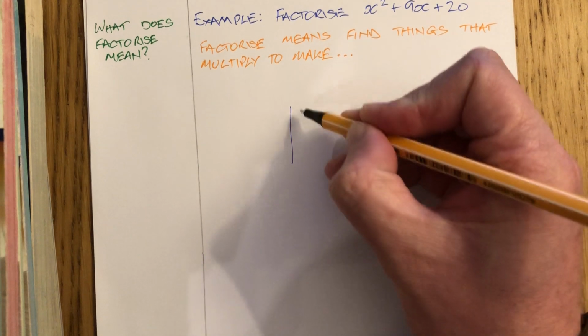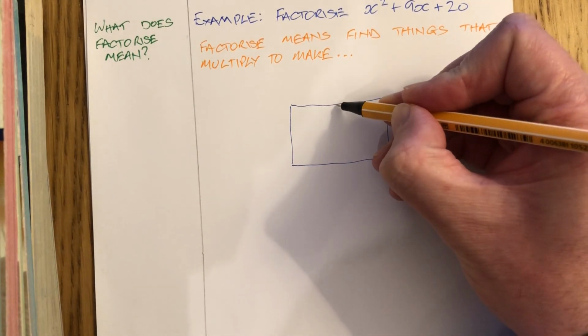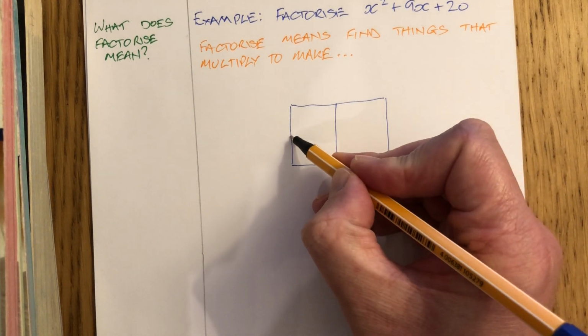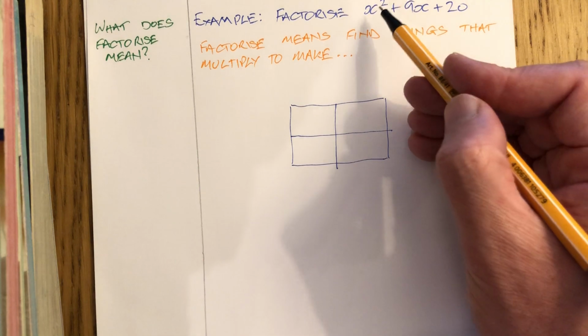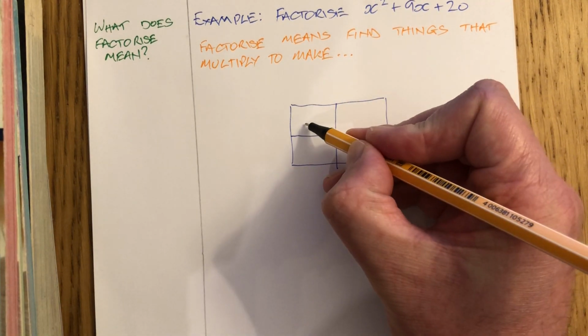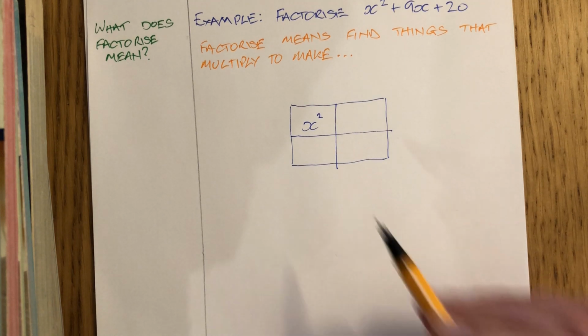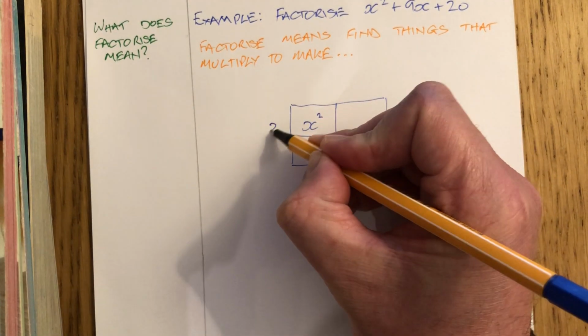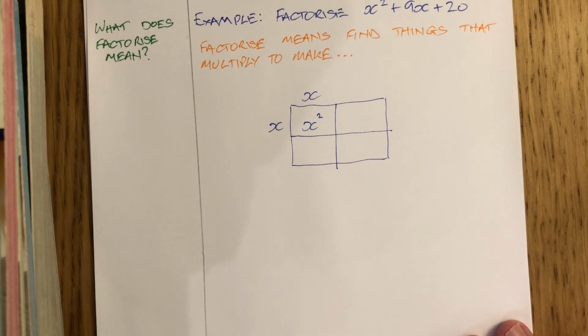So just as in the reverse process where I was multiplying out the double brackets, I'm going to make use of the multiplication grid like this. Now the x squared term can go straight into that box there, and we know that x squared is made by multiplying x times x.